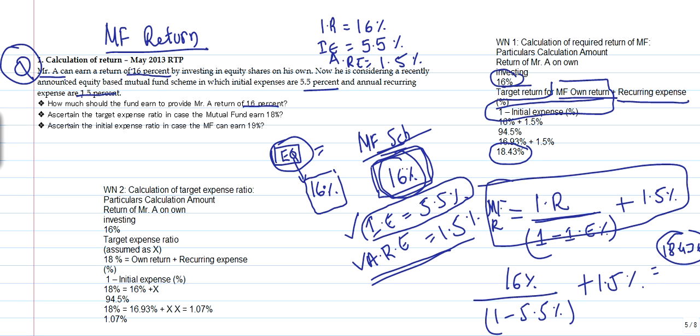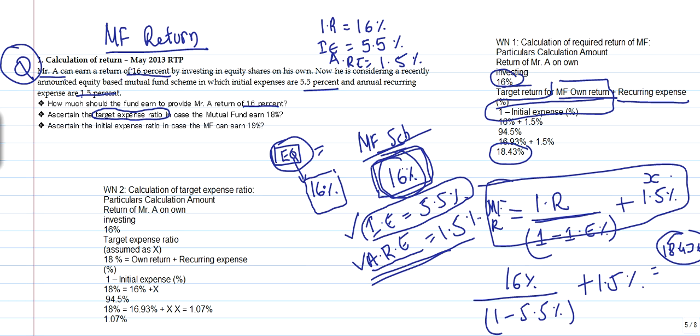Next question: ascertain the target expense ratio in case the mutual fund earns 18 percentage. Here it is given target expense ratio. So you need to understand what target expense ratio is. Target expense ratio is the annual recurring expense ratio. So same formula you have to put, replacing the 1.5 with x.